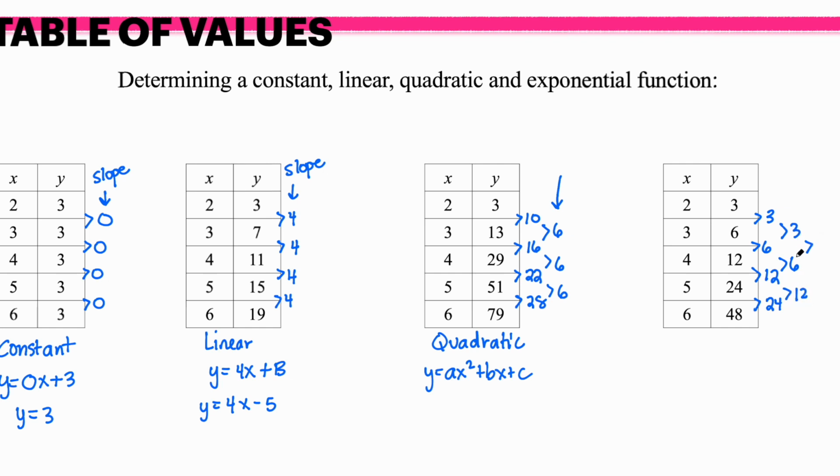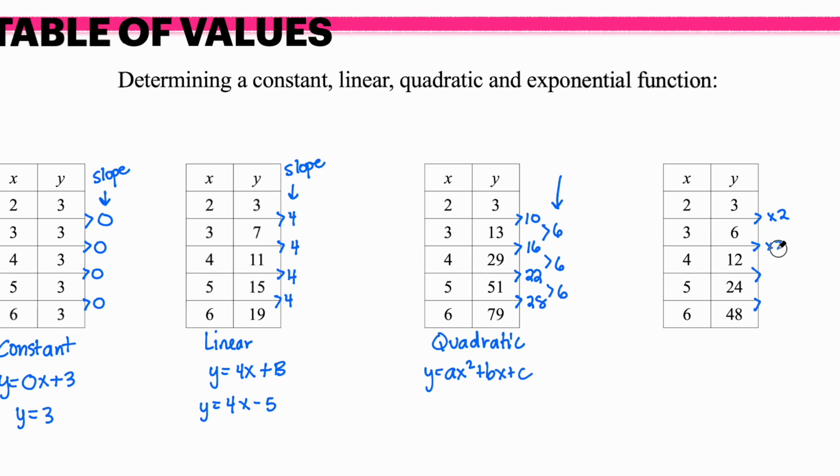If we keep going, the difference of 3 to 6 is 3, the difference of 6 to 12 is 6. So anytime I keep going out, I'm not finding a constant number. So this is not going to be a linear or a quadratic. Instead, this is actually an exponential. I realize that if I multiply by 2, 3 times 2 gives me 6.